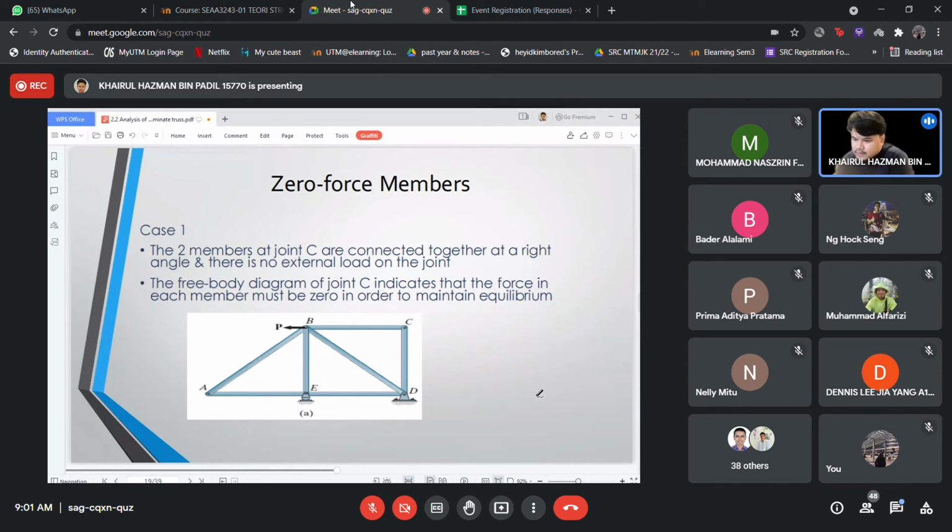For case one, the two members at joint C are connected together at a right angle and there is no external load on the joint. The free body diagram of joint C indicates that the force in each member must be zero in order to maintain equilibrium.